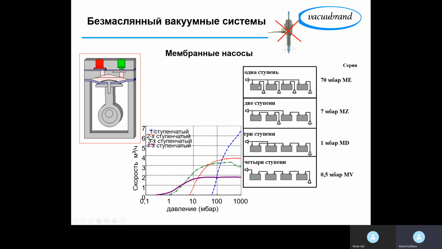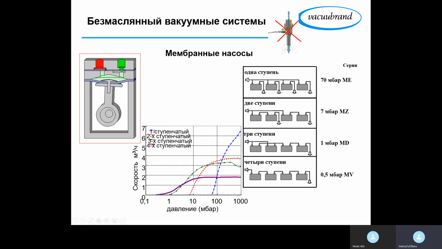In terms of the types of the pumps, there are different ways of how we can connect the vacuum chambers. We can connect them in parallel, or we can connect them one by one.